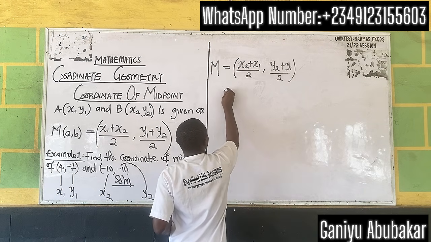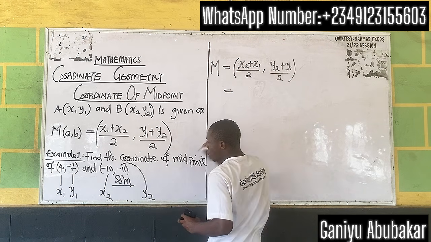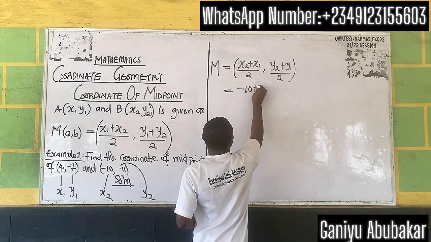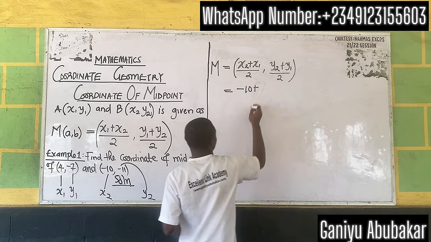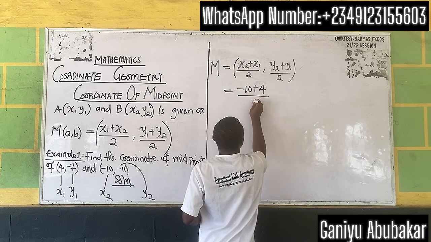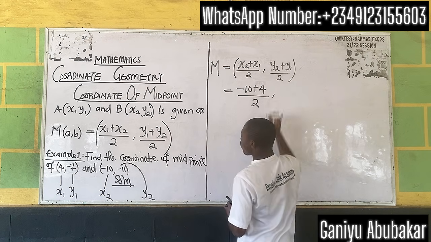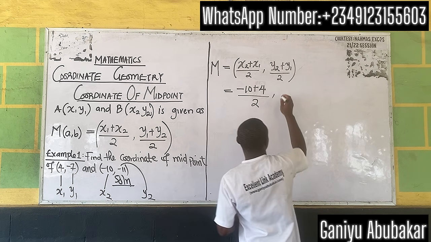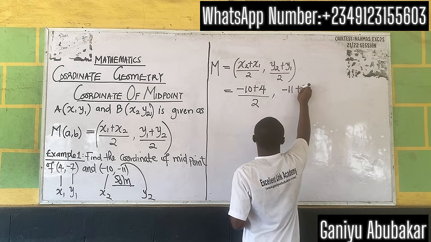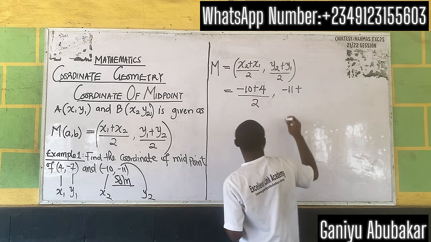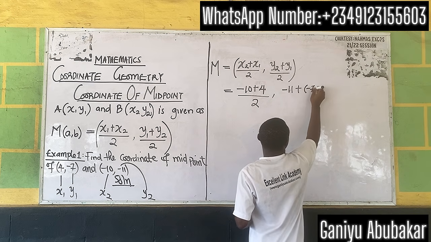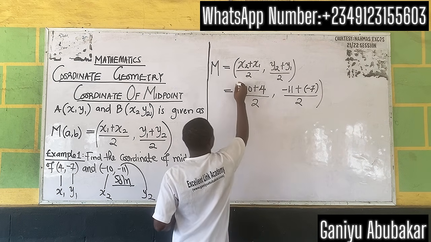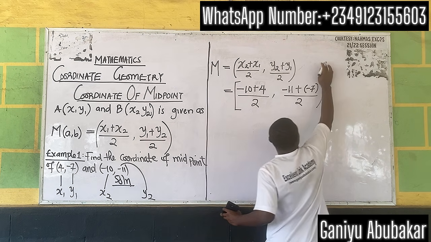The midpoint becomes x2, which is negative 10, plus x1, that's 4, all over 2, comma, y2, which is negative 11, plus y1, which is negative 7, all over 2. This becomes the value here.